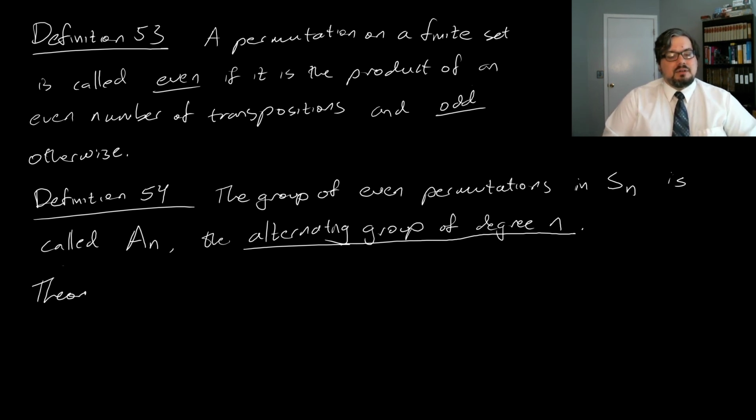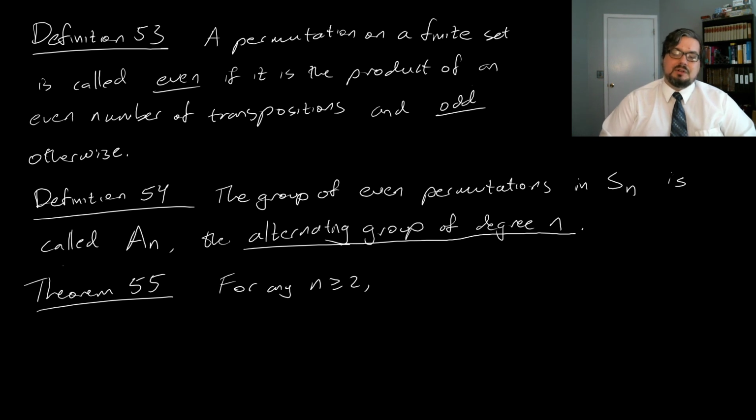Now, theorem 55 tells us about the order of An. For any n greater than or equal to 2, the order of An is equal to n factorial divided by 2.